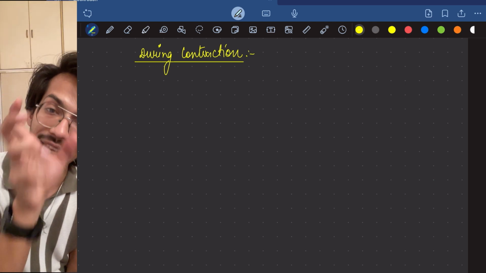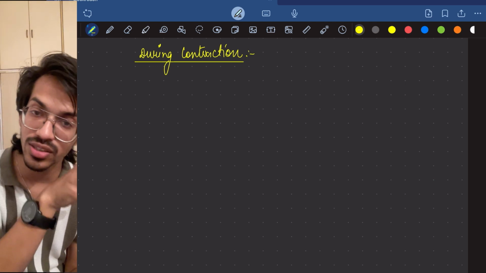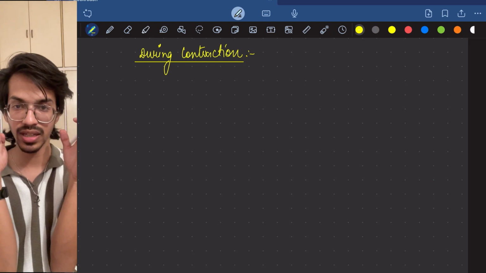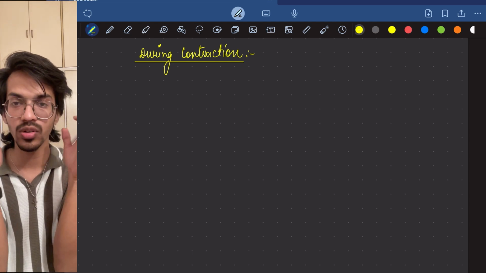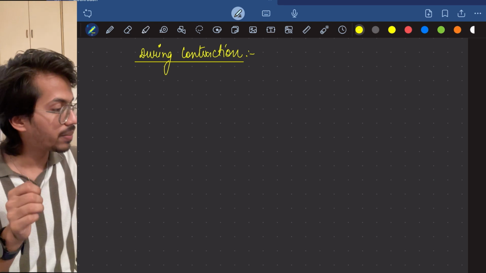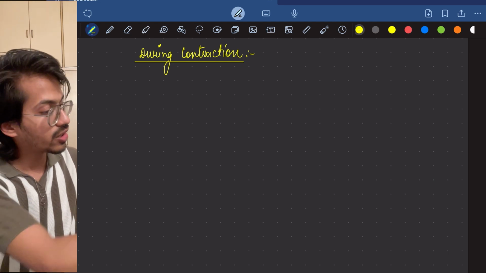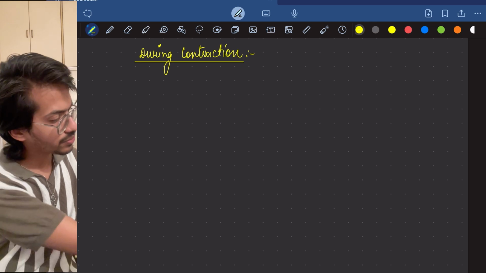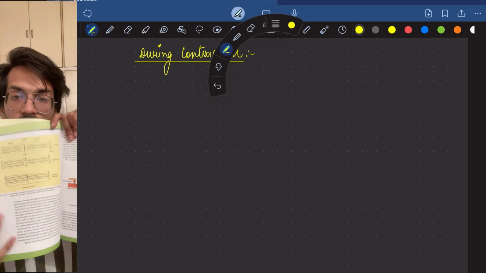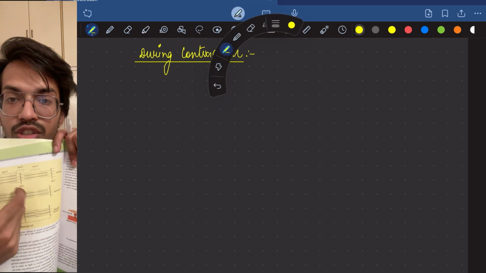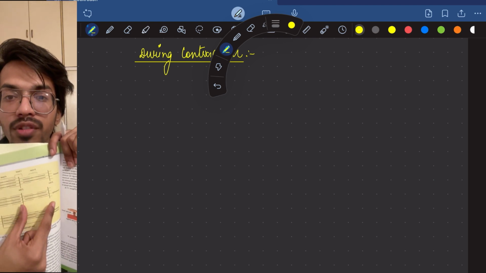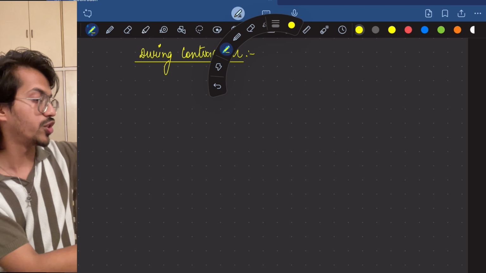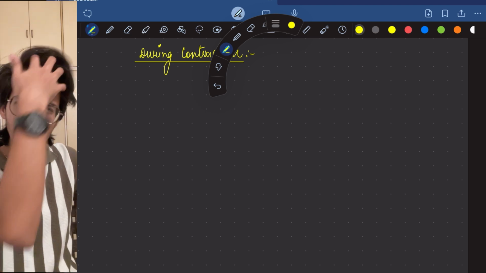Contraction will occur and it will go closer. There is one diagram given in your NCERT, which I'm going to show you. This diagram tells you at the relaxed state how these two sarcomeres are, and when contracted, they come closer. So you have to use your visual understanding to remember it.